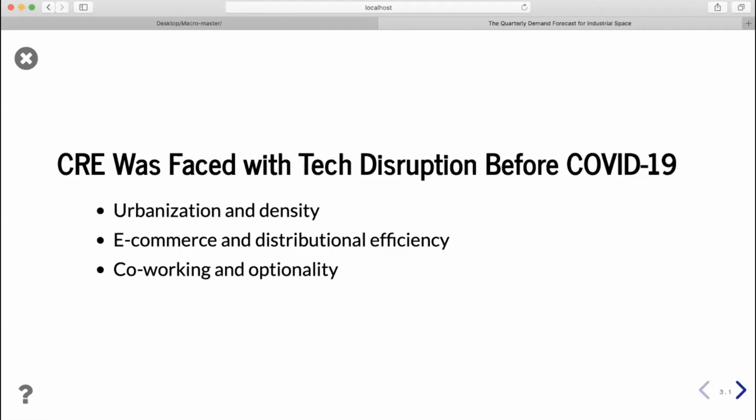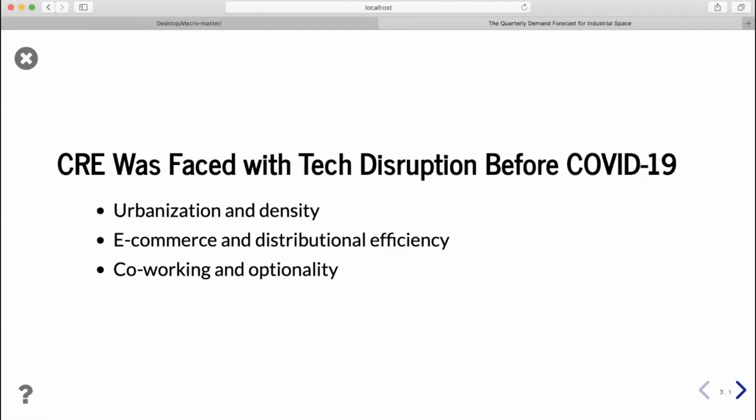And consumers have demonstrated in this crisis their preference both for that economic efficiency as well as the need to shop remotely.